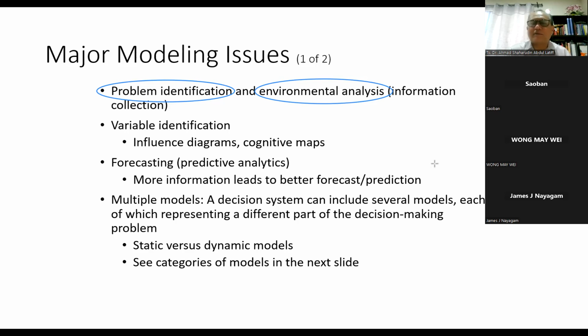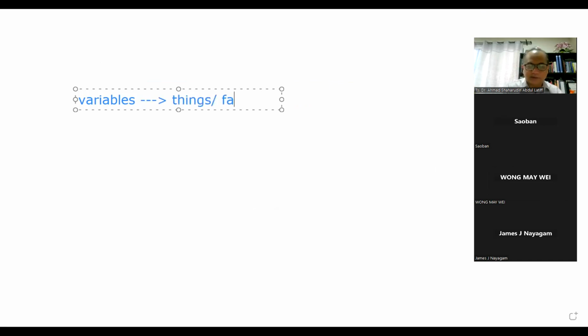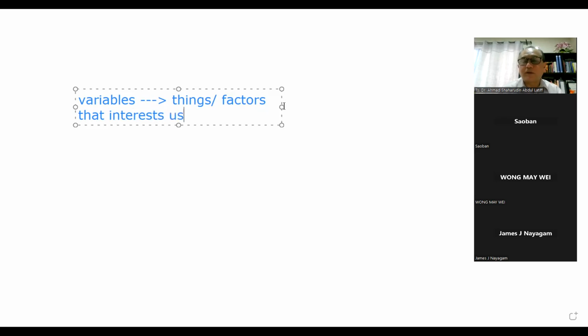And then these variables, I'll use my whiteboard. Factors. Meaning that things that we would like to see. These are variables.